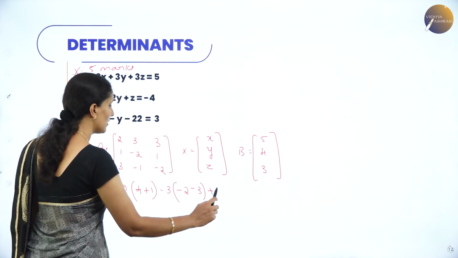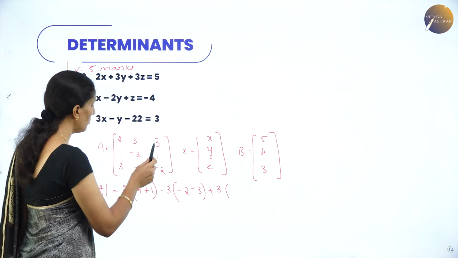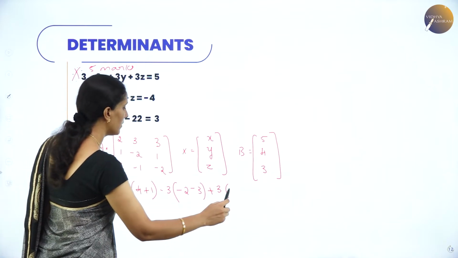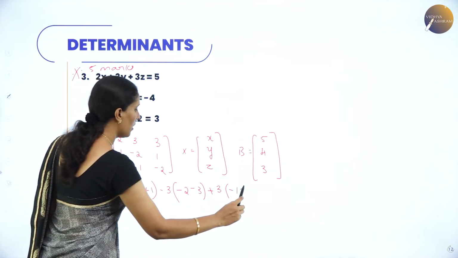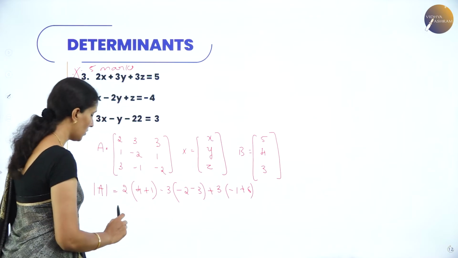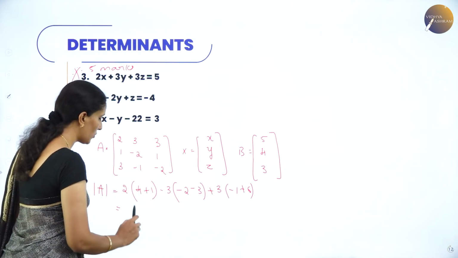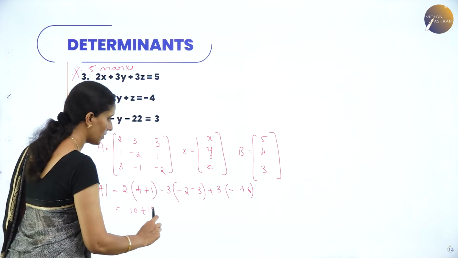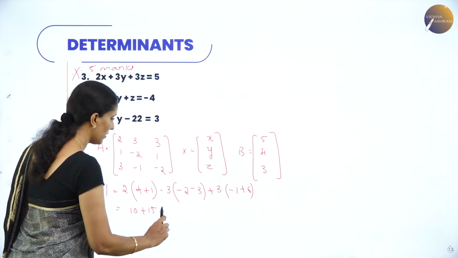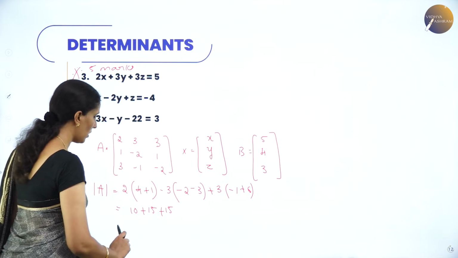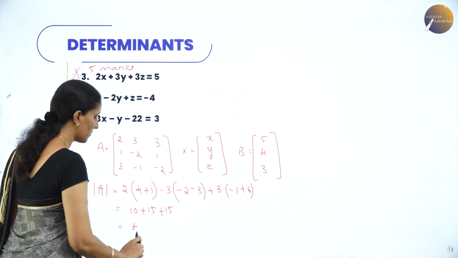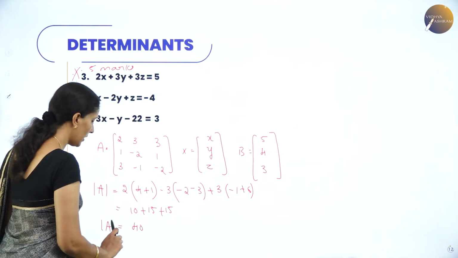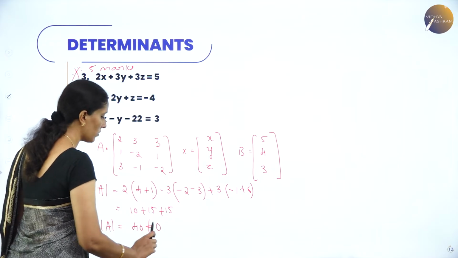Next is plus 3 into, delete the row, delete the column, so we have minus 1 plus 6. So we have 5 times 2 is 10, so minus 5 minus 3 plus 15. Next we have 5 3s are 15. So clearly we have 40. So the value of determinant A is 40, which is not equal to 0.